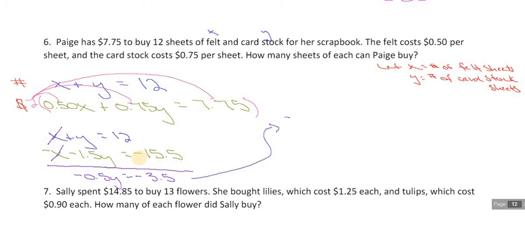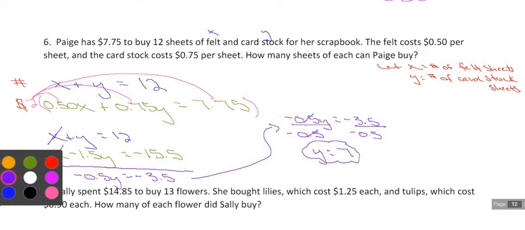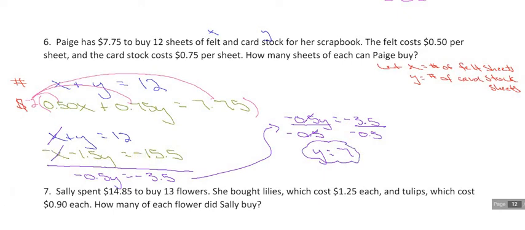So now I have negative 0.5y equals negative 3.5. We divide both sides by negative 0.5, which gives me y equals a positive 7. So we have half of our answer. We need to plug that in and find what our x value is.